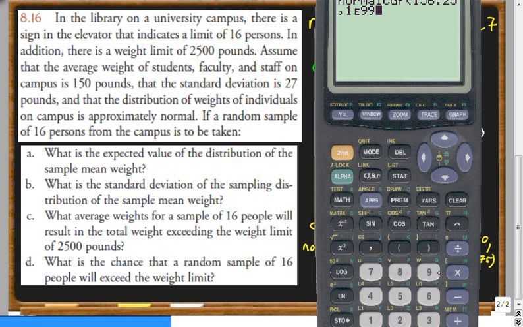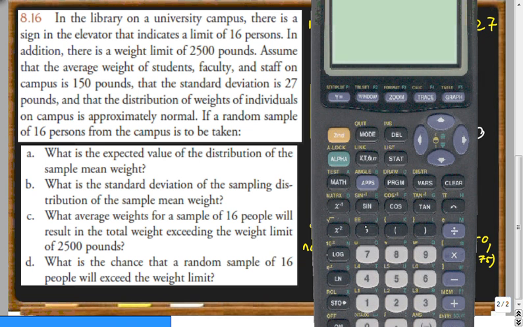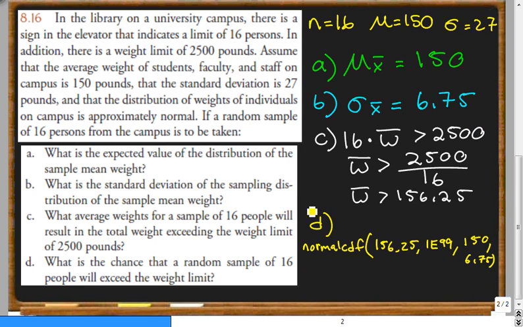That represents the largest number our calculator is going to deal with, just to be safe. And then 150 is our mean, and our standard deviation is 6.75. And we get 17%, roughly.